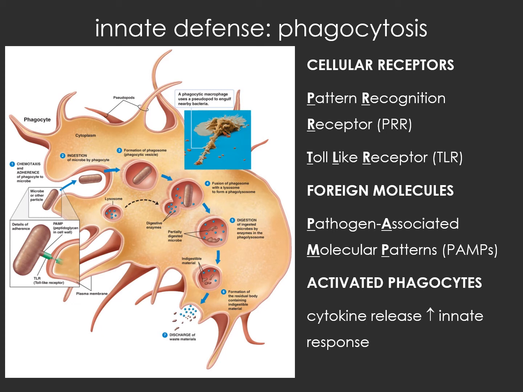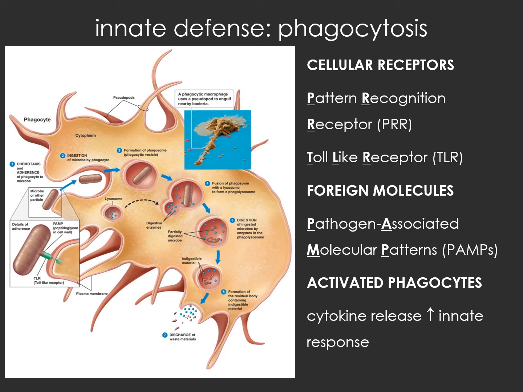So how is it that microorganisms are recognized by phagocytes as something to attack? Well, they're recognized because of a very special kind of receptor on phagocytes, which are called pattern recognition receptors.